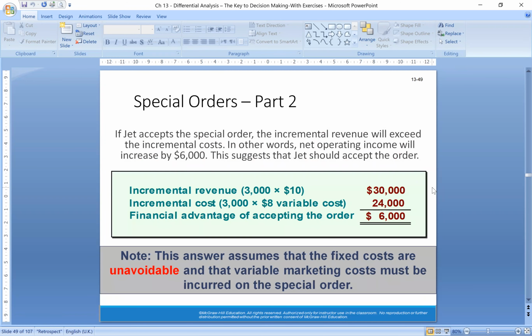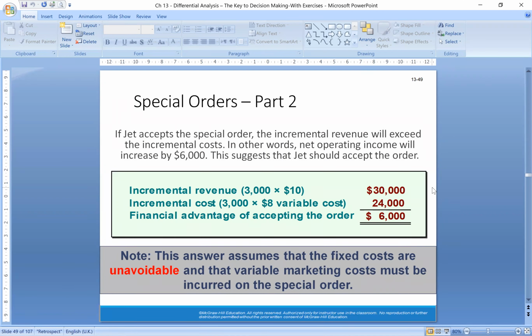We can talk about only incremental. Again, incremental means additional costs and benefits, right? The additional revenue that we recognize if we accept the offer will be 3,000 times the price of $10.